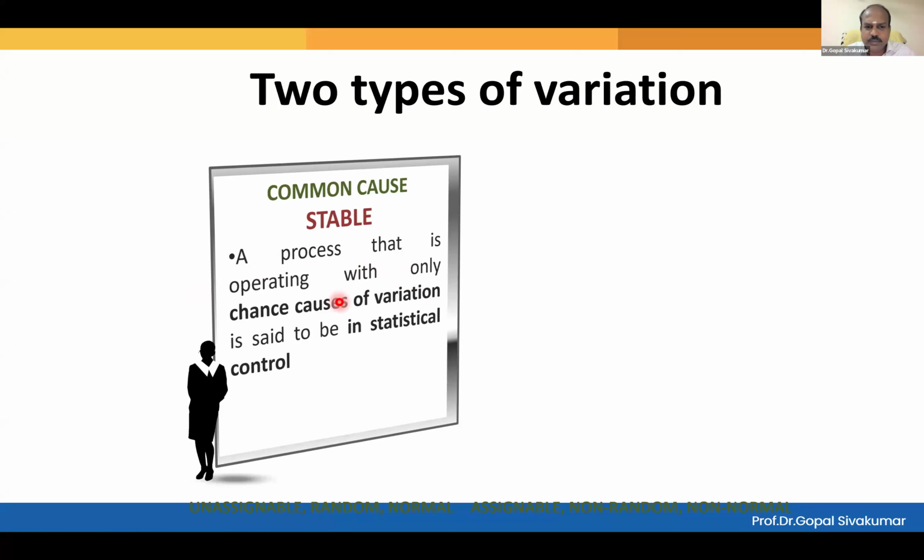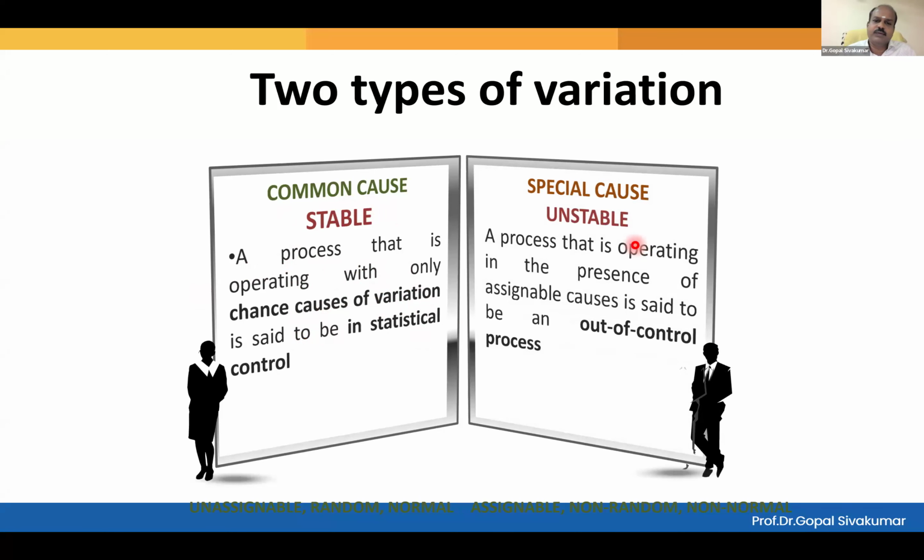If a process is operating with only chance cause of variation, nothing but common cause variation, the process is said to be in statistical control. If a process is operating in the presence of assignable cause, then the process is said to be out of control.